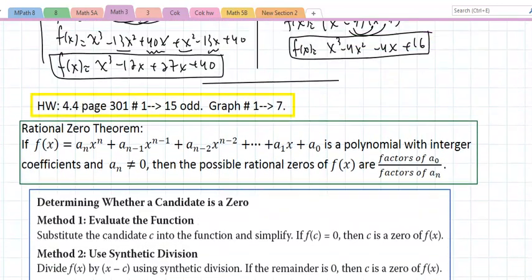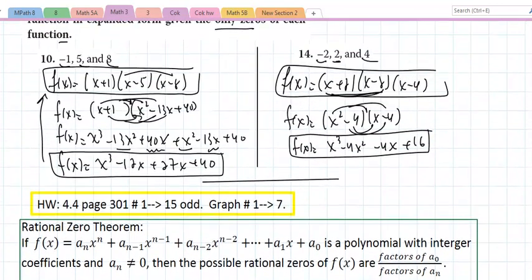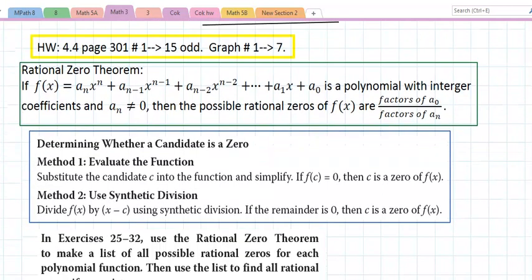So now that we know how to look for factors, and given factors we know how to come up with a polynomial, here's the star of the chapter. Rational zero theorem.